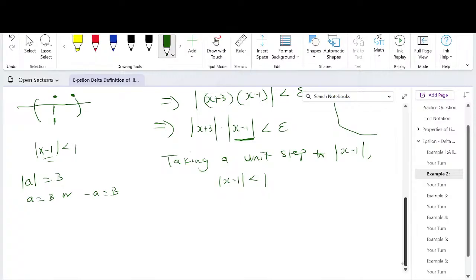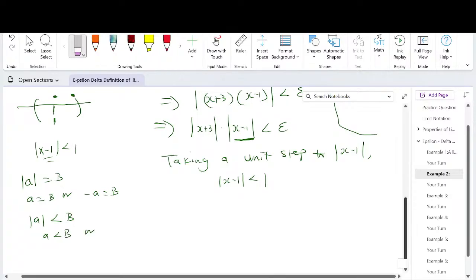If you have this in the form of an inequality, say the absolute value of A is less than B, let's start with the positive: A is less than B, or minus A is less than B. For this one, if minus A equals B, and you divide both sides by minus 1, you see that A is equal to minus B. So automatically you're saying that A is equal to B, or A is equal to minus B.